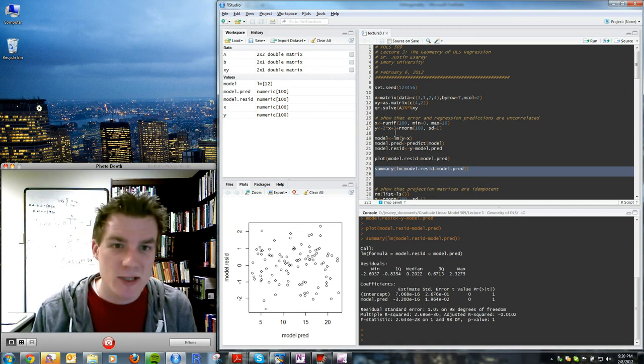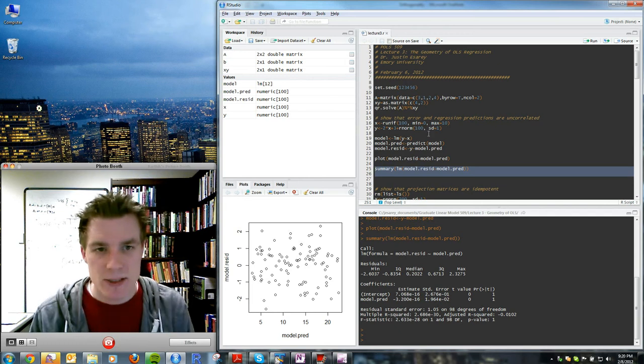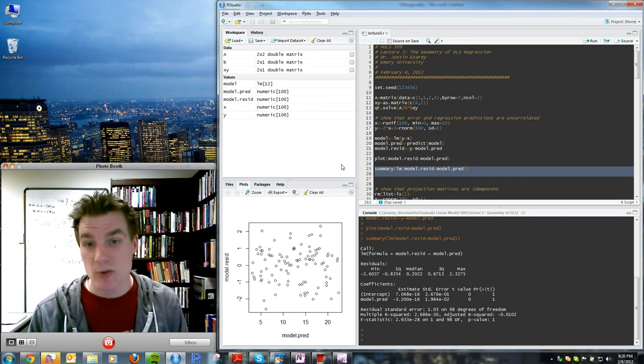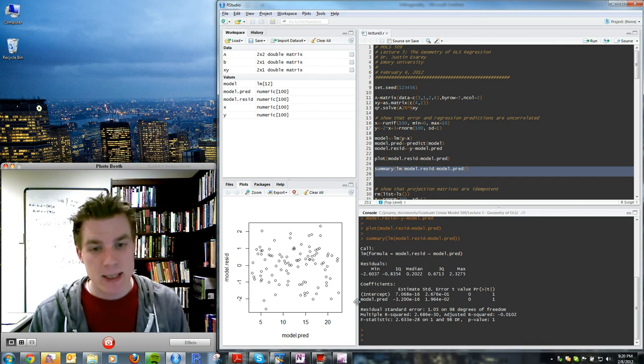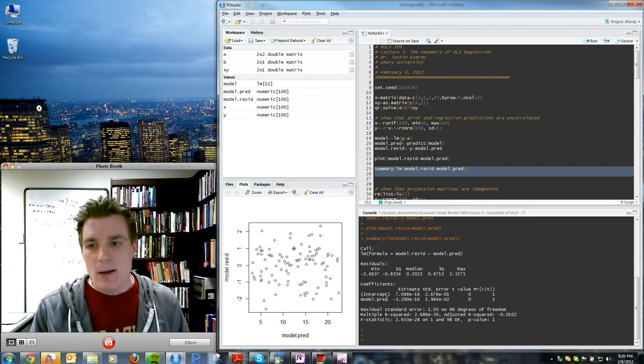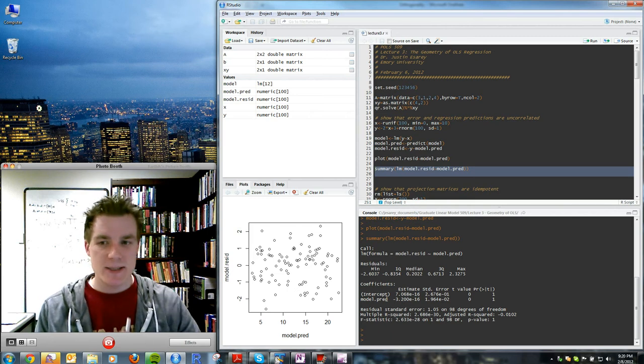So y equals 2x plus 3 plus a normal distribution centered on 0 with a standard deviation of 1. That's a 100-dimensional space. And even in that 100-dimensional space, when I try to run a linear model predicting u hat with y hat, I got nothing.